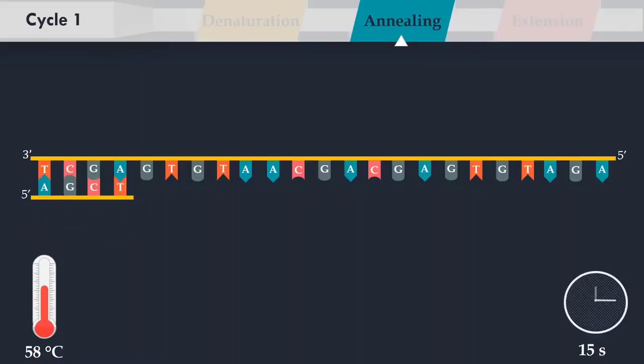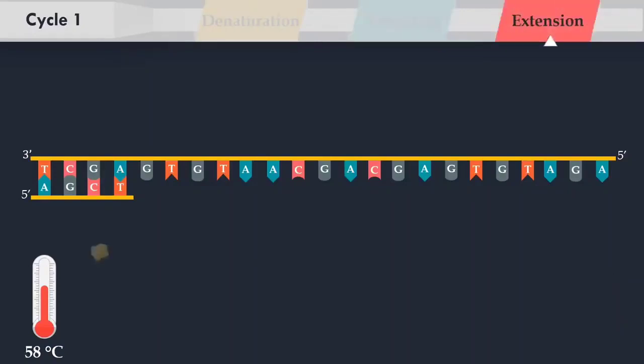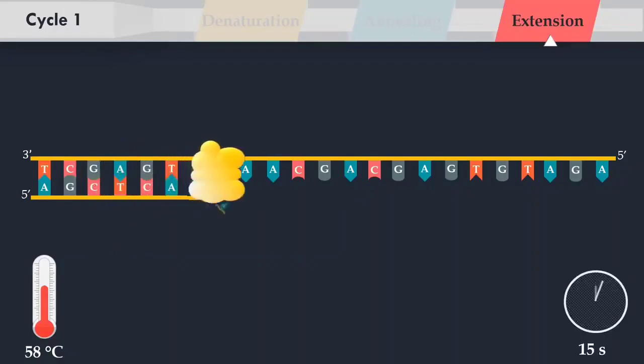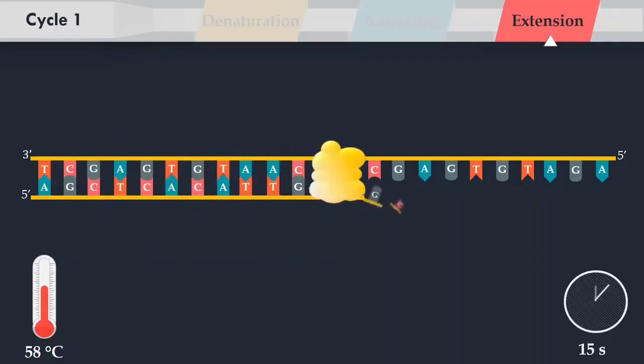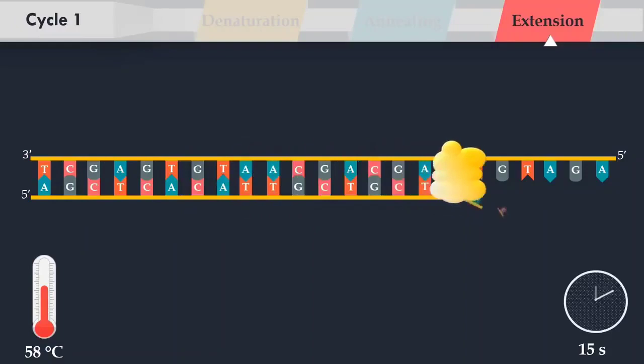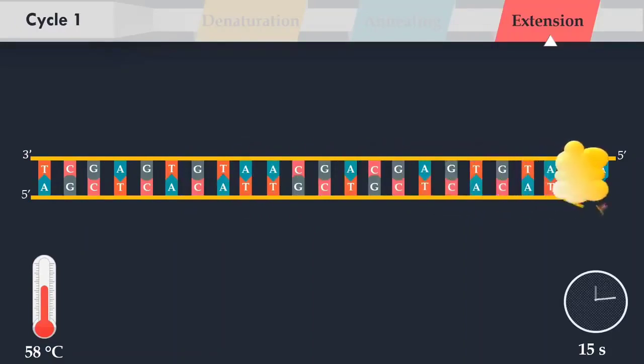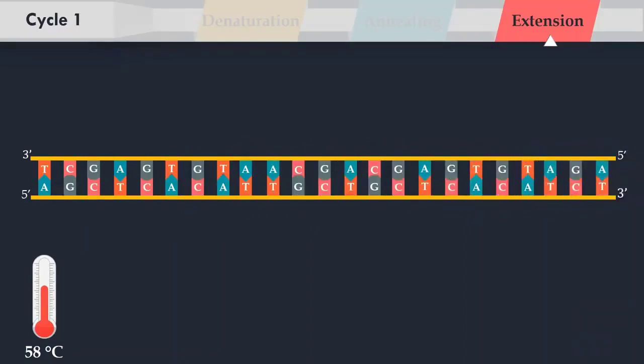The annealing temperature relies directly on the length and composition of the primers. In the extension step, the DNA polymerase synthesizes a new DNA strand complementary to the DNA template strand by adding free nucleotides from the reaction mixture that are complementary to the template in the 5' to 3' direction. The temperature at this step depends on the DNA polymerase used.